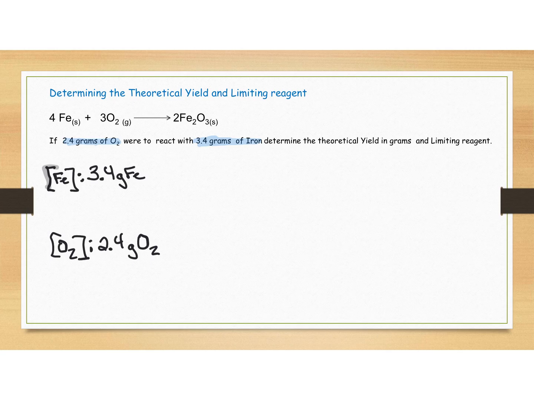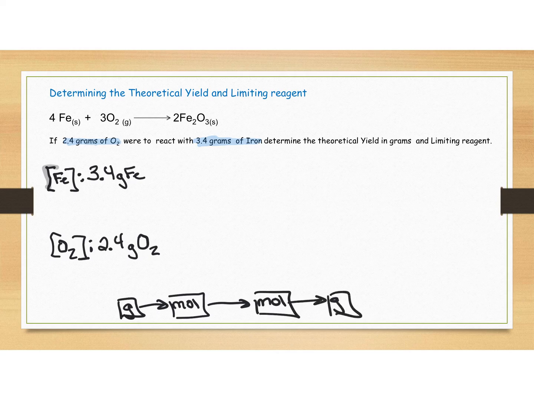Now, what did we say? The first step is to go from grams to moles. Then I'll go from moles to moles, and moles back to grams. So to go from grams to moles, I'm going to use the formula weight of my reactant.